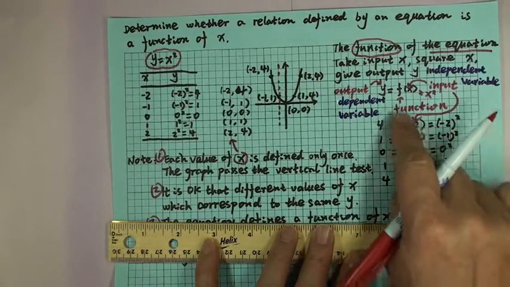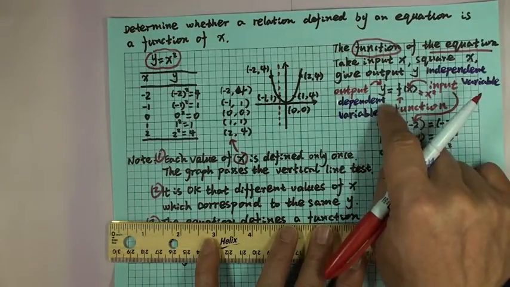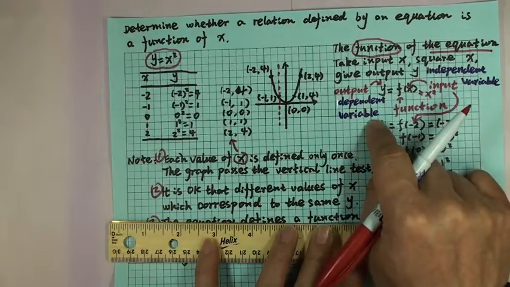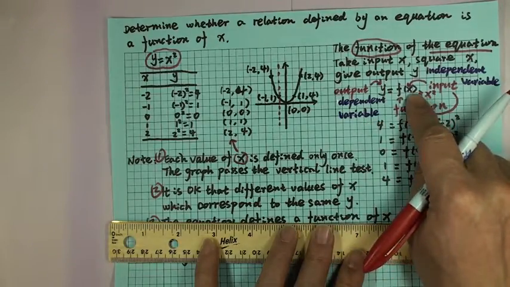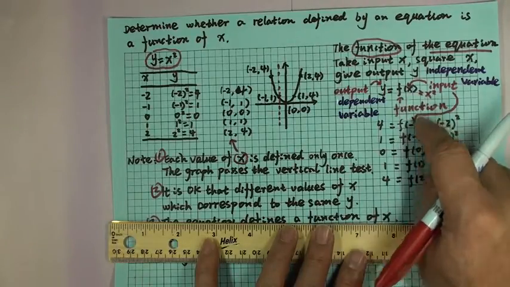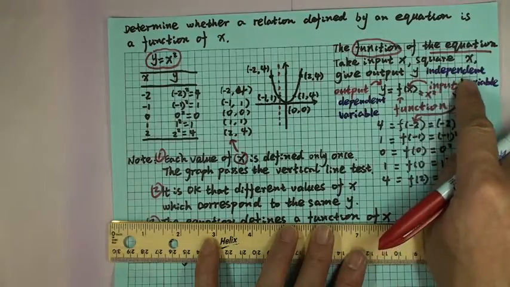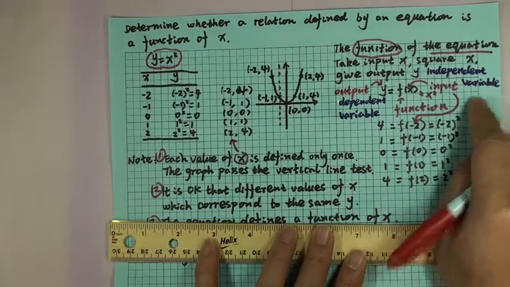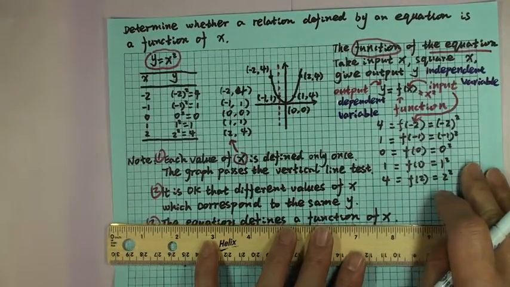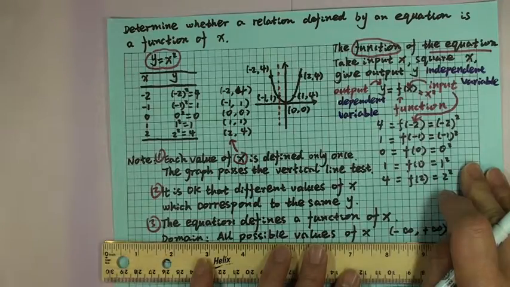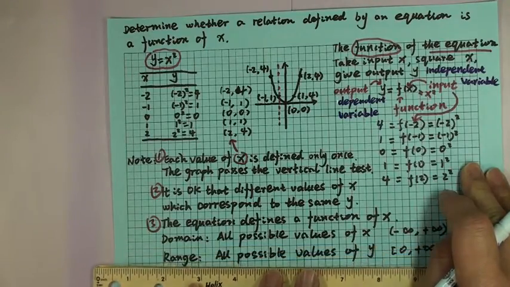So this y is also called the dependent variable. And x depends on us. We can input anything. So here x is called the independent variable. That's the notation we want to understand.